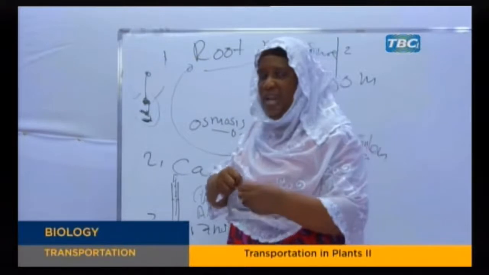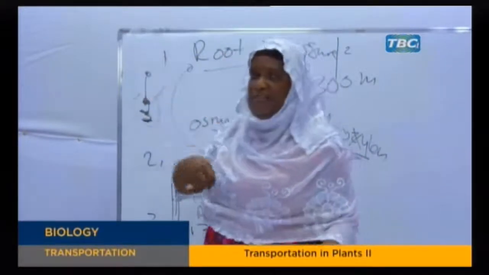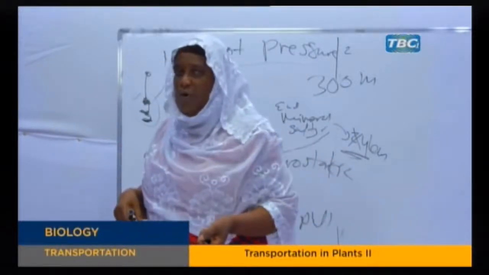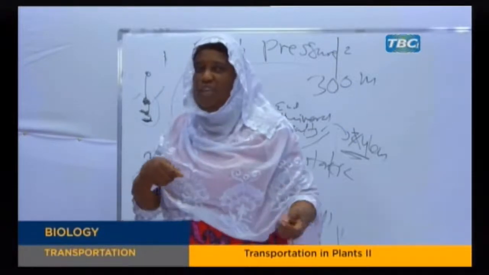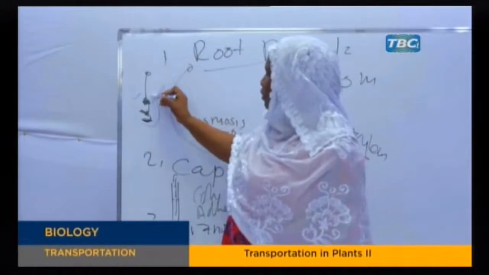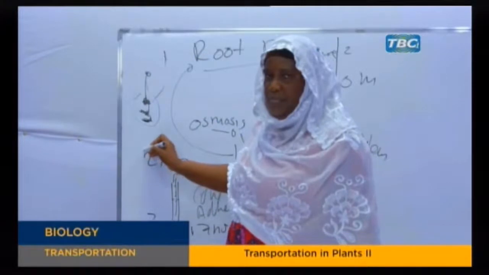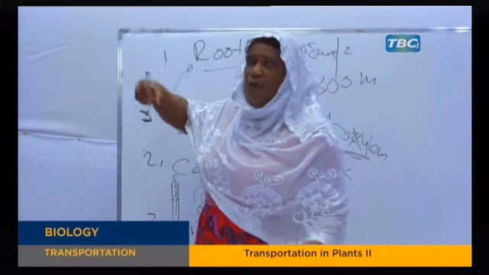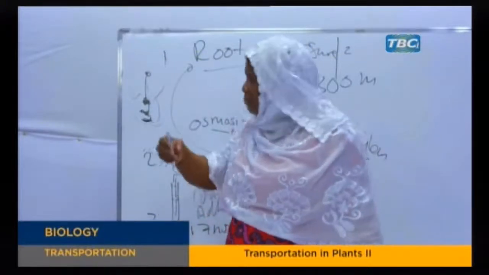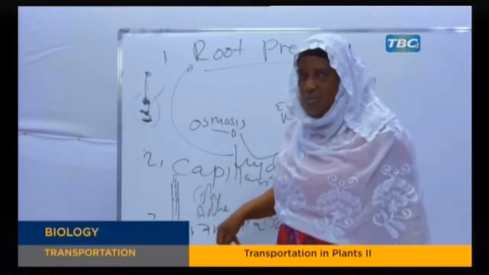These water molecules have been pulled to each other. So when one molecule is pulled, it also pulls another water molecule, making it move in a continuous column. This phenomenon will go down the xylem and make water move up to tall trees. This pulling force is what is called the transpiration pull.